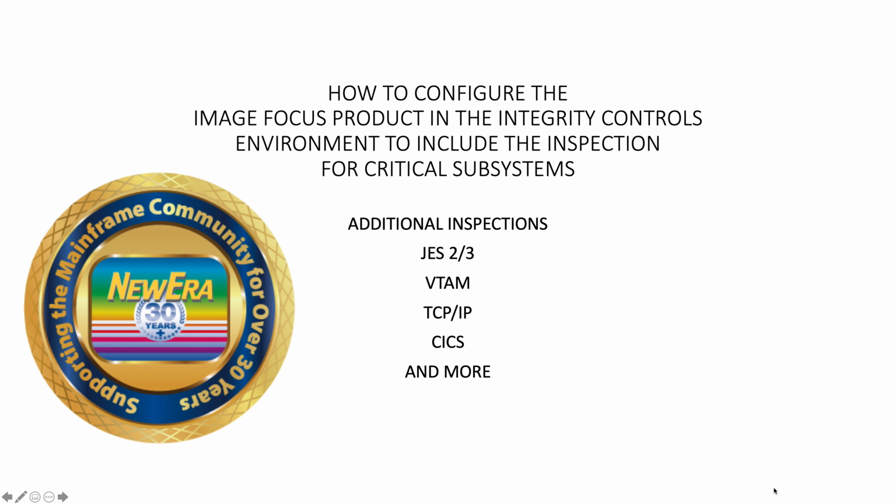We do the same level of analysis, looking for, again, the operational readiness and integrity of these subsystems as well. So let's go right to it and talk about how we can set this configuration up to include these environments individually or all of them at a single time or a single run of the inspection.